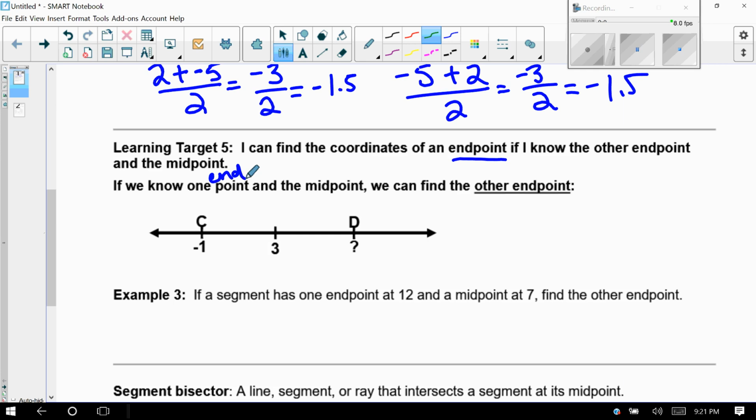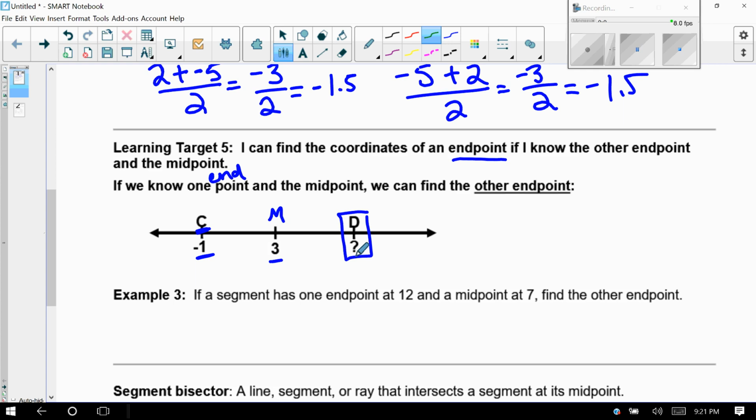So let's try it out. We're given C. We need to find D, but I know that the point directly in between them, the midpoint, is 3, right? C is at -1, the midpoint is 3, D is what?